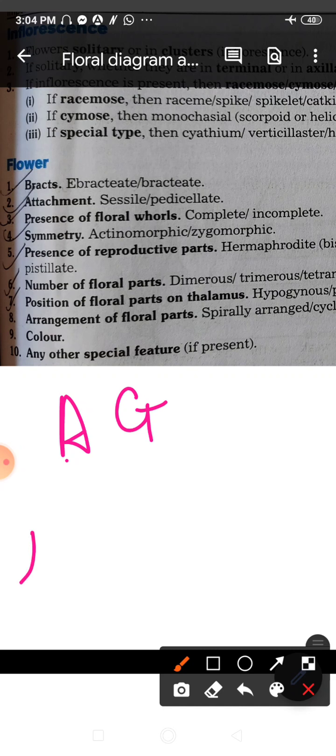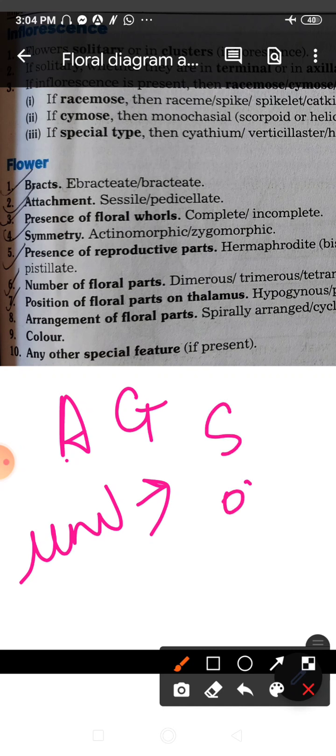If it is unisexual, then either the stamen is present or the carpel is present, right? Any one is present. If only the stamen is present, it is called staminate, and if only the pistil is present, then it is called pistillate, right?